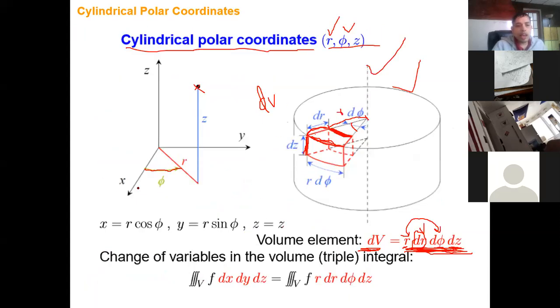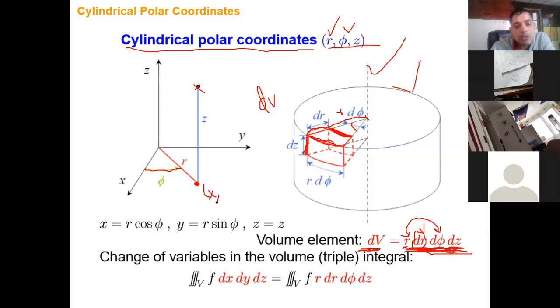Let me consider this is my x direction, this is my y direction. Suppose this point is xy.